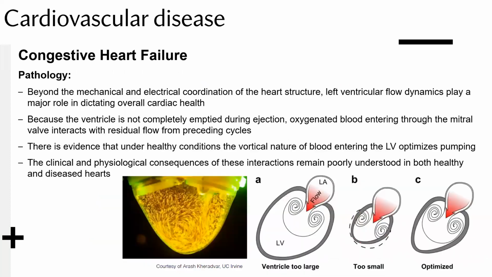And then we looked at congestive heart failure. We noticed that similar to vascular diseases, where we have flow rate in the blood vessels influencing the permeability and integrity of the endothelial cells, it is the vorticity and the vortex nature of the entrance of flow from the atrium to the ventricle on the left-hand side that has a key major role in the circulation of the blood and the pumping performance of the heart, because this vortex then aids and optimizes the pumping through the aorta from the left ventricle.